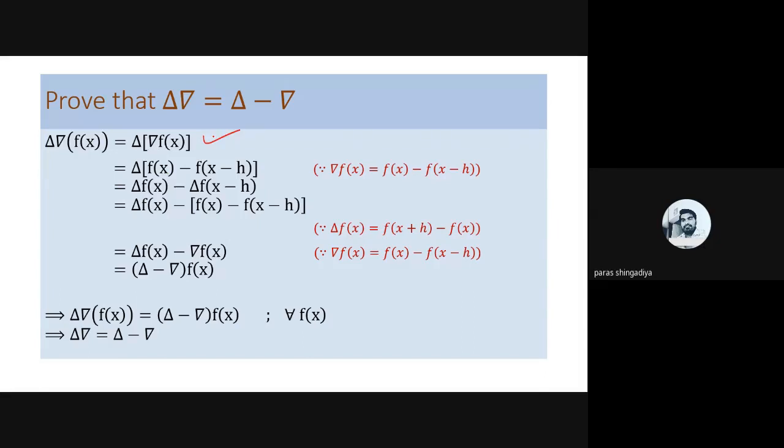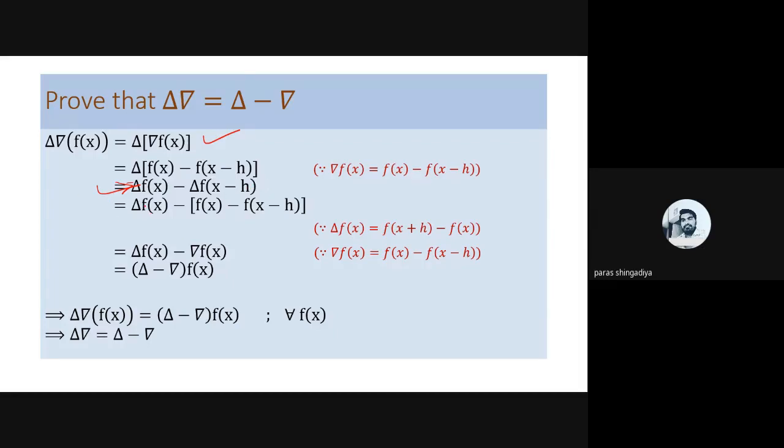Now write the formula of nabla f(x). The formula of nabla f(x) is f(x) minus f(x minus h). Now apply delta to both terms. So it will be delta f(x) minus delta of f(x minus h). You will get this term after that.